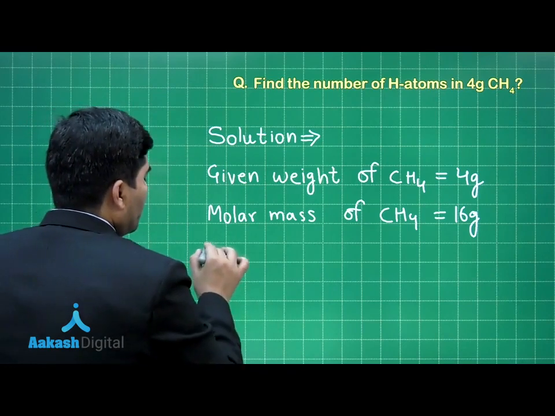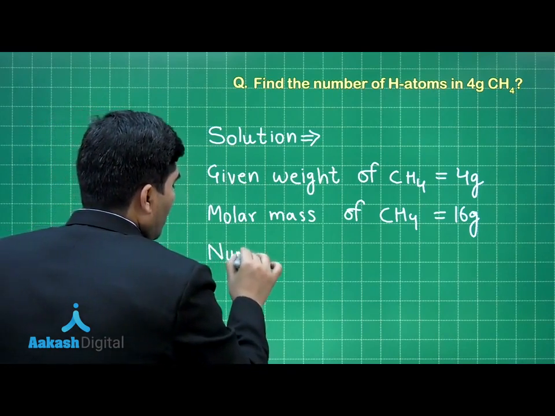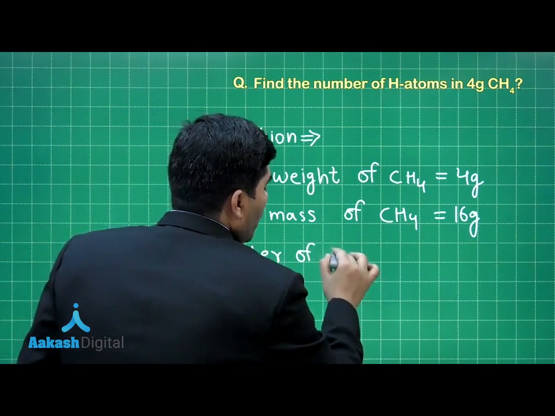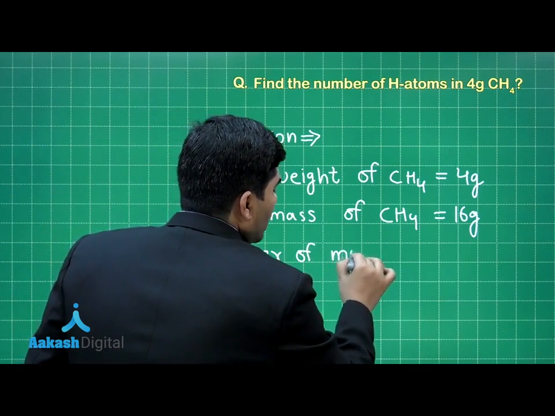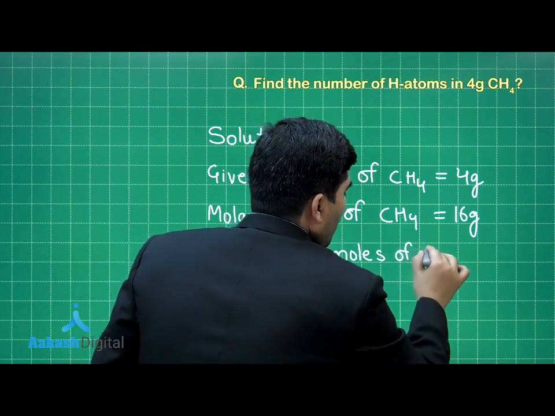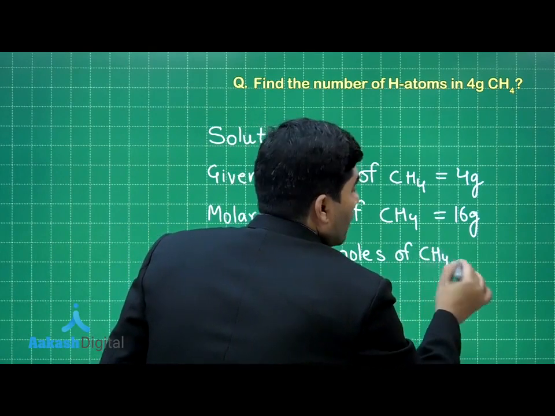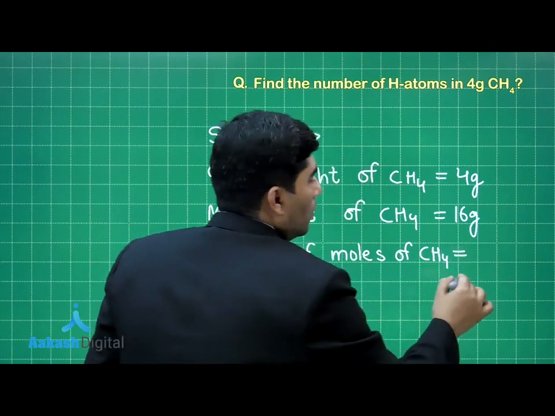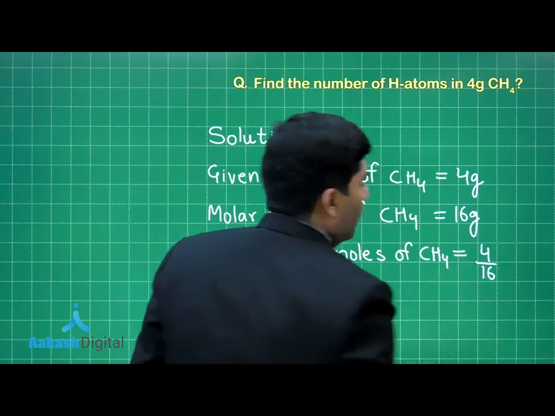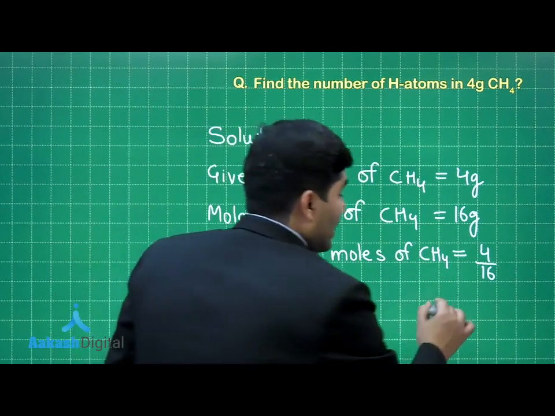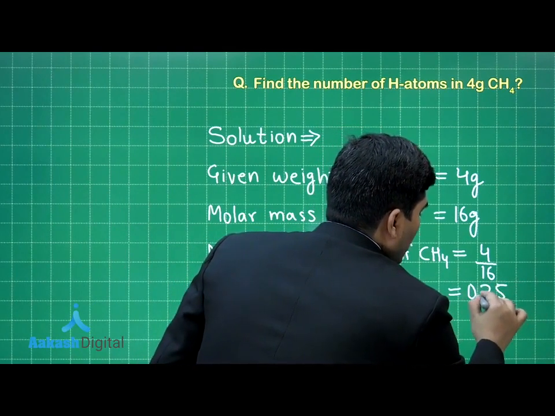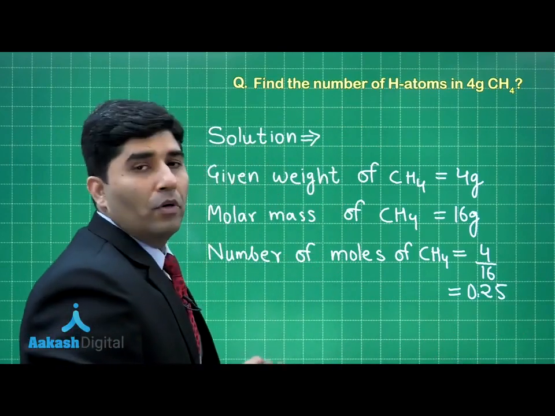So, the number of moles of methane is equal to 4 by 16, and that is equal to 0.25 mole.